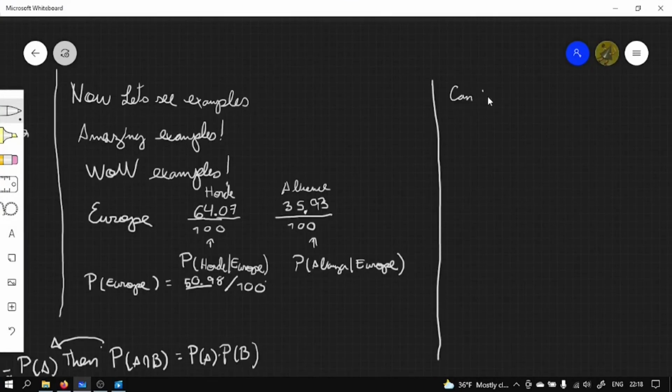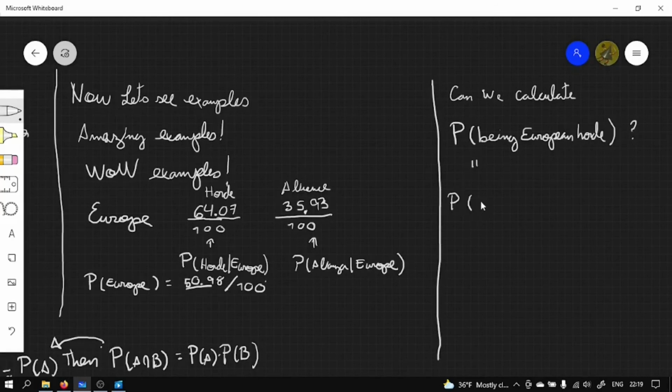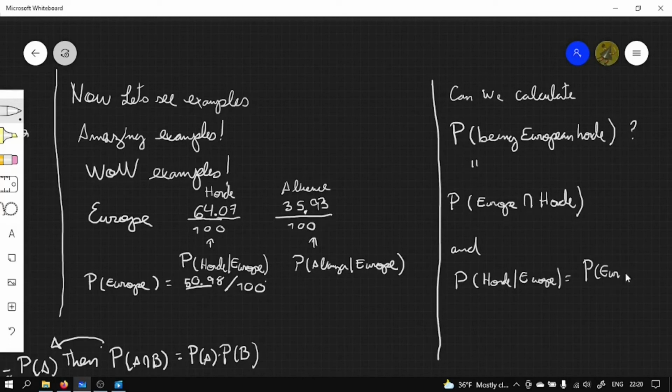So with this, we can compute different probabilities, which we are going to do right here. So the probability of being in the Horde and in Europe, I mean the probability of being a European Horde. And for that, we use the formula of conditional probability.